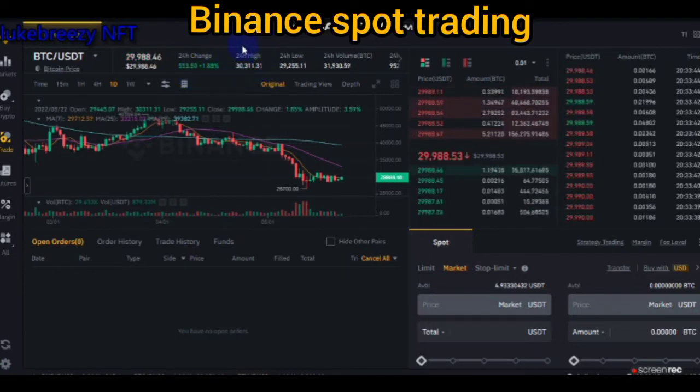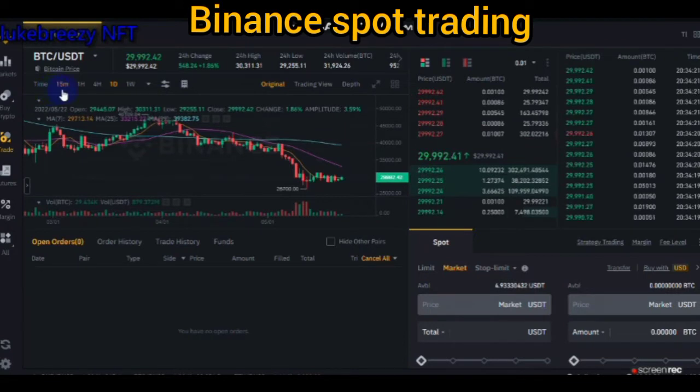Here we can see the highest high of Bitcoin in the past 24 hours, which is 30.3k. And here is the Bitcoin low in the past 24 hours, at $29.2555. And here you see the Bitcoin trade volume in the past 24 hours, and lots more.